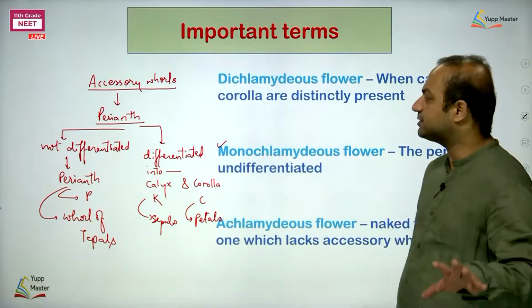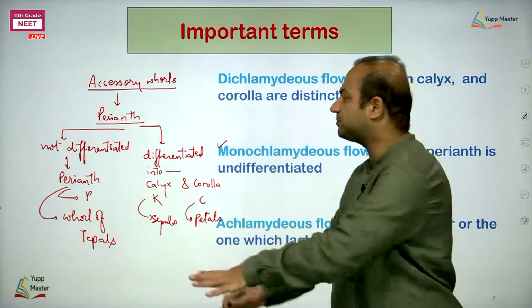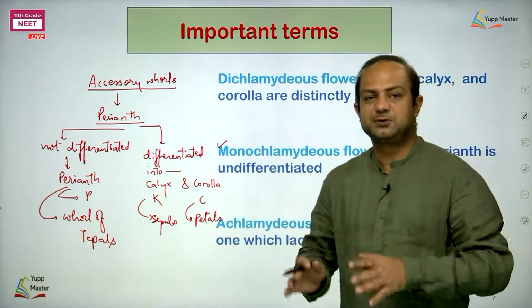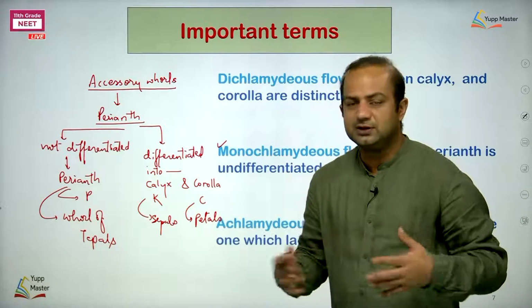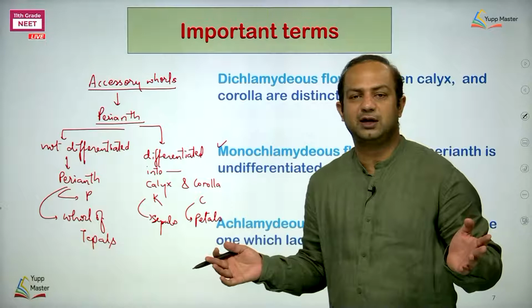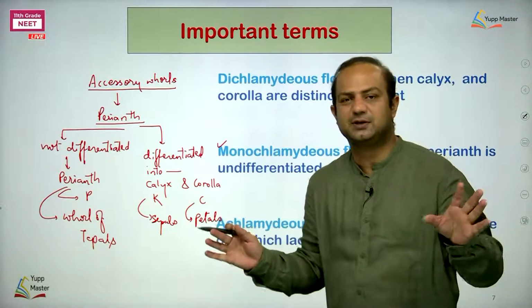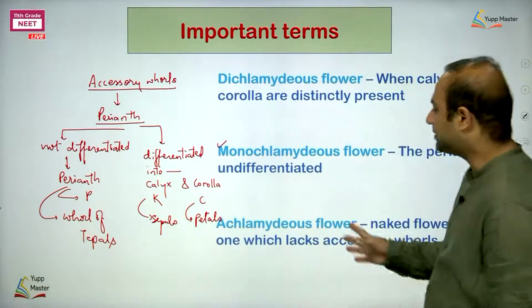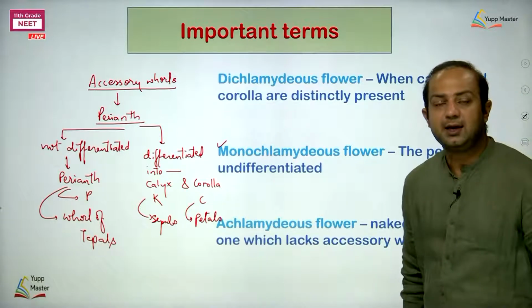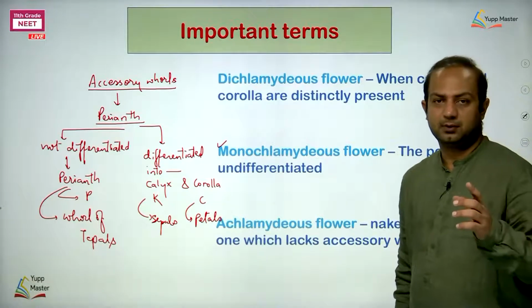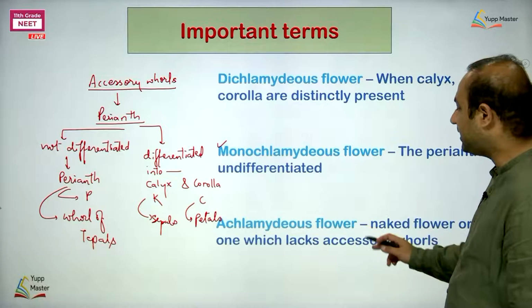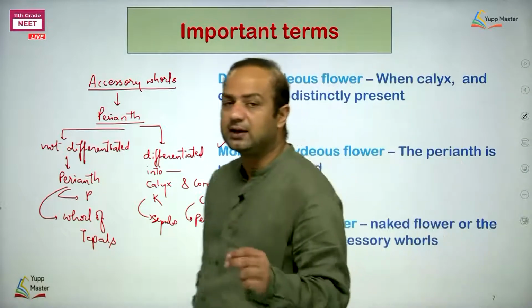In cases where none of them is present, meaning perianth is absent, there is no discussion about distinguishing into calyx and corolla. I am saying perianth is absent. Then that will be named an achlamydeous flower, meaning a naked flower.